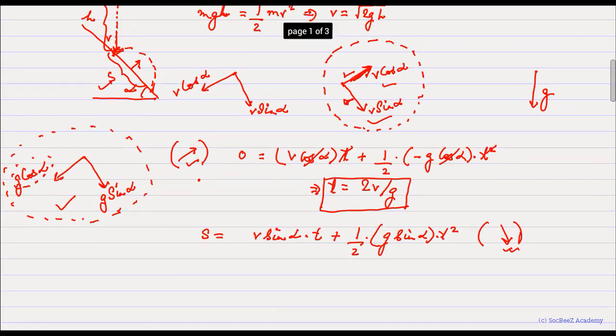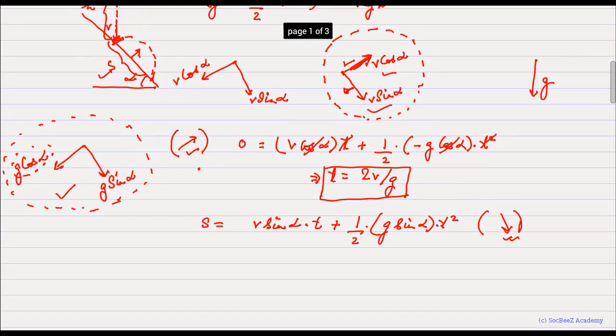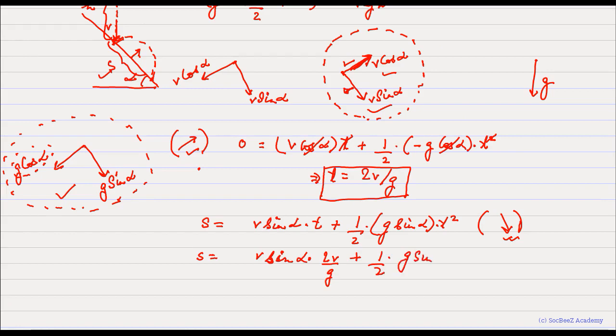Okay, now s can be written as v sine of alpha into t, with t as 2v by g, plus half into g sine of alpha into 4v square by g square.